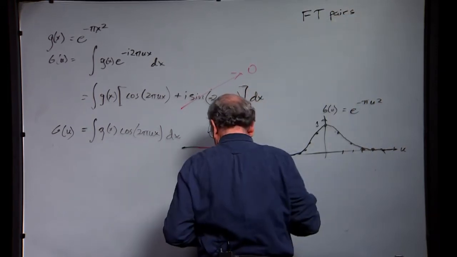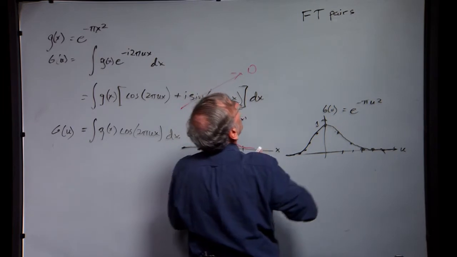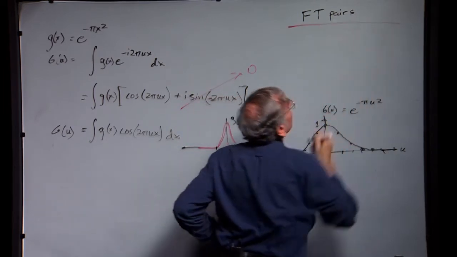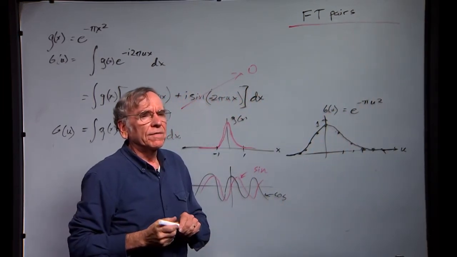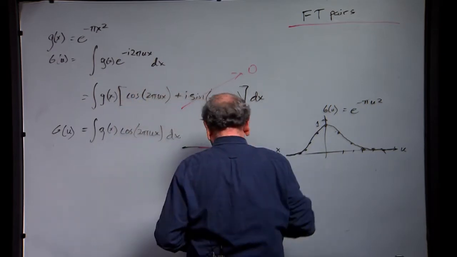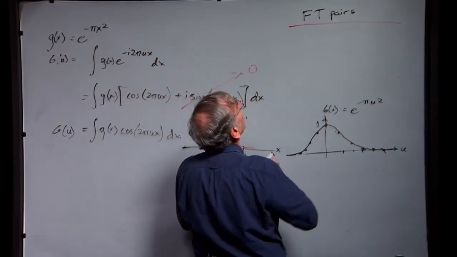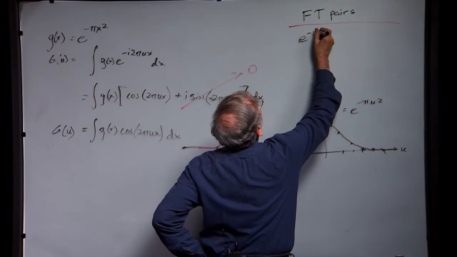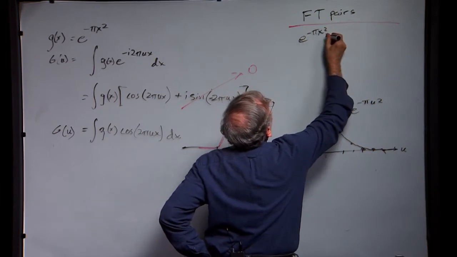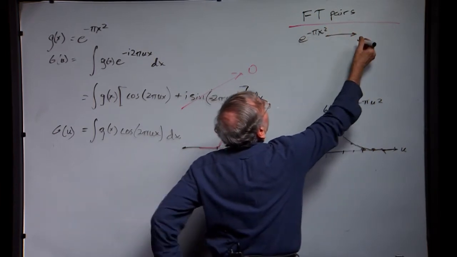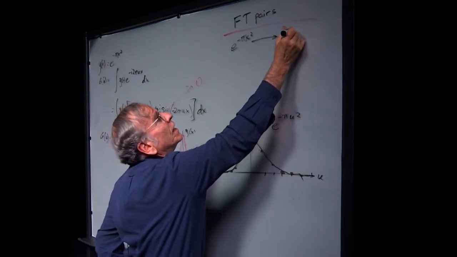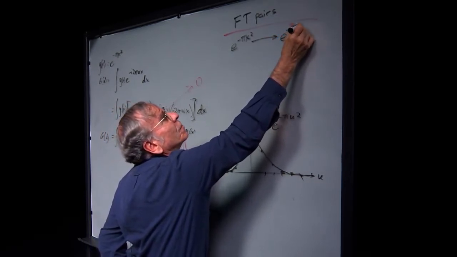That is, we're going to find the g of u that correspond to particular choices of g of x. And so this is our first pair, e to the minus pi x squared gets transformed through the Fourier transform to e to the minus pi u squared.